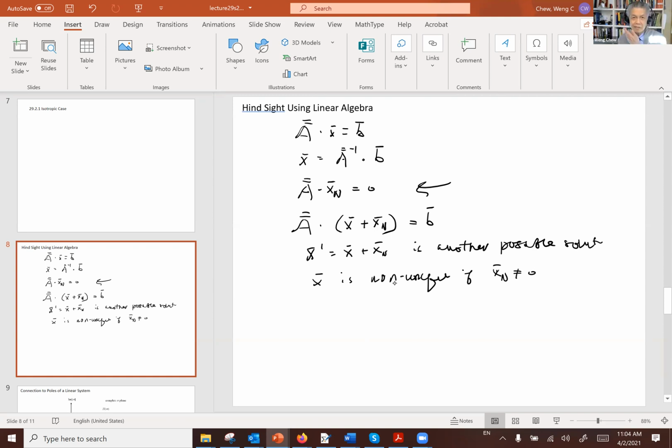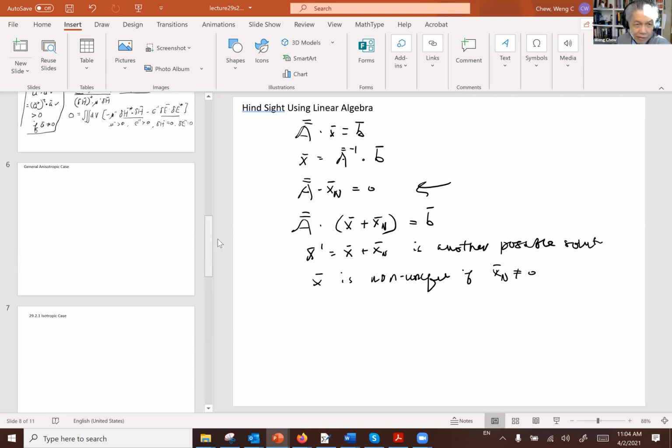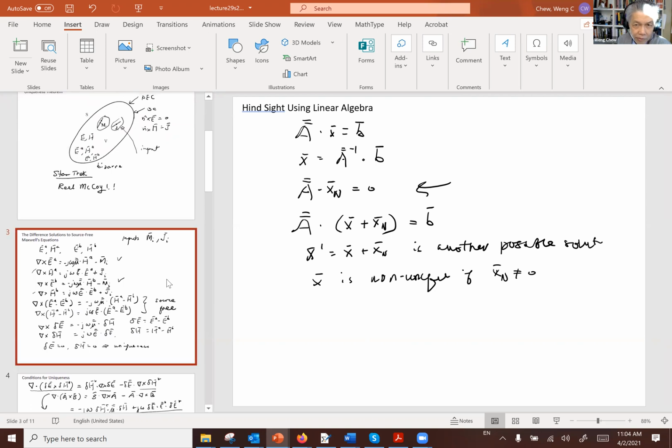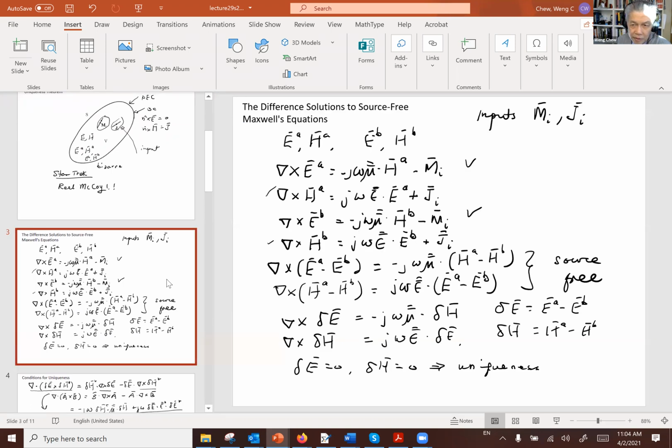And this is exactly what is happening here. We are looking for the solutions to Maxwell's equations, and for conditions under which the driving source is not there. That applies to the different solution. If the different solution is non-zero, it means that it can exist without a driving source.